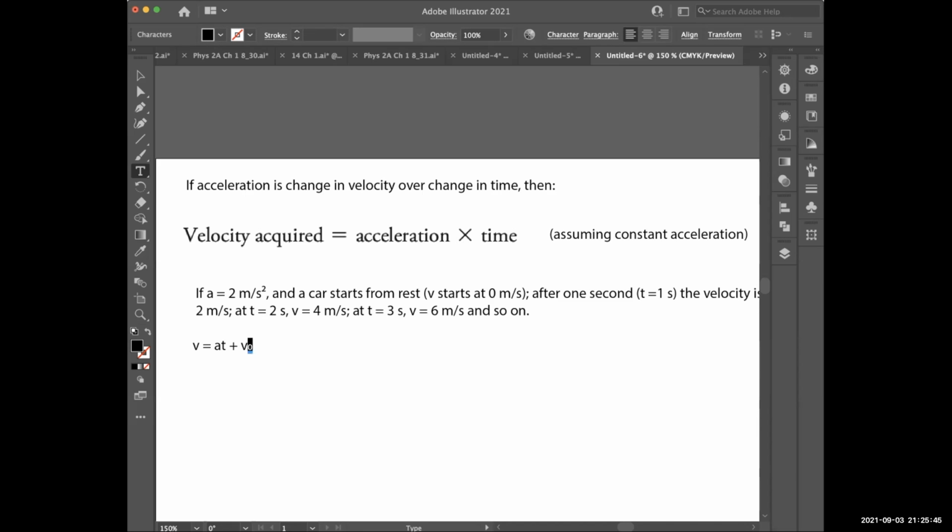Hold on, it's a little bit lower than that. There. This is the starting velocity, for constant acceleration.